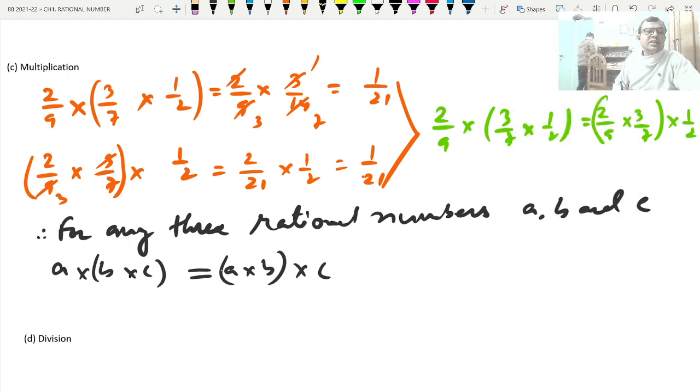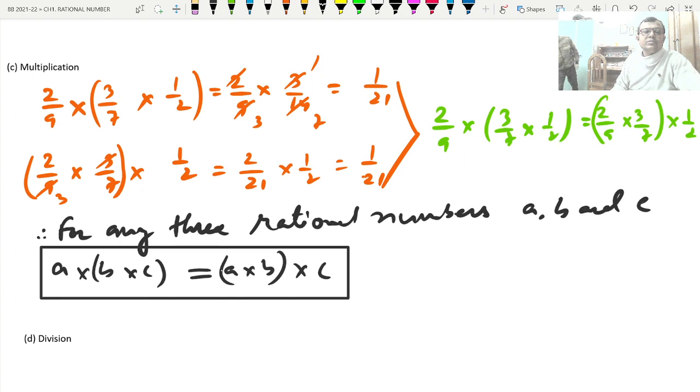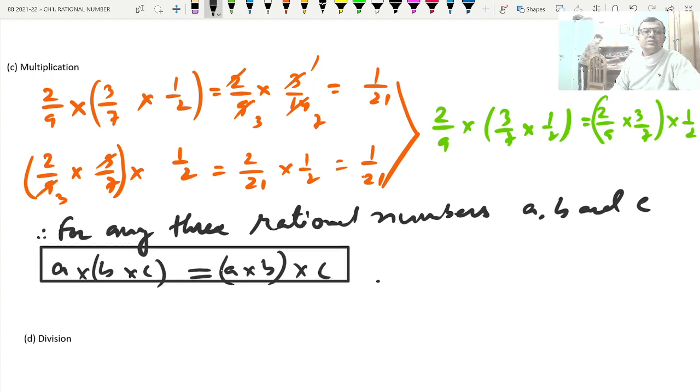For any three rational numbers, this is always true. Okay, this is always true.